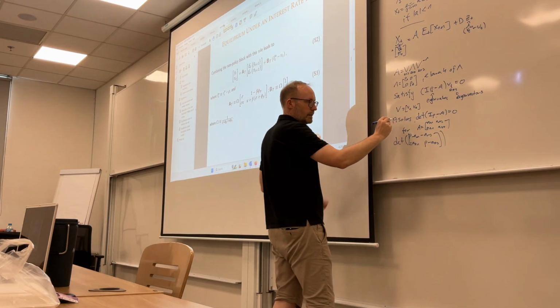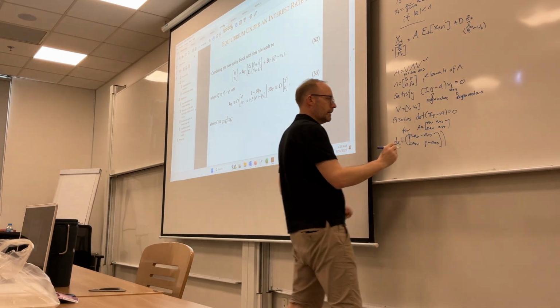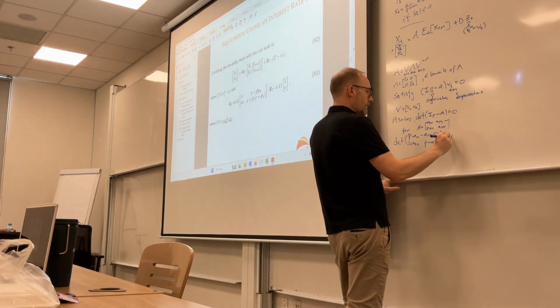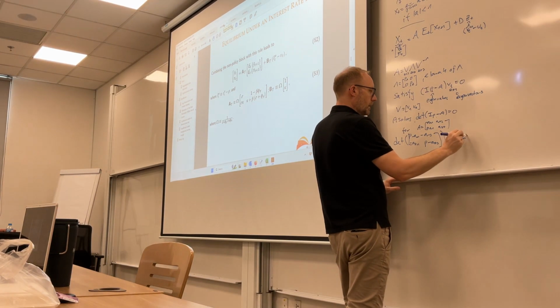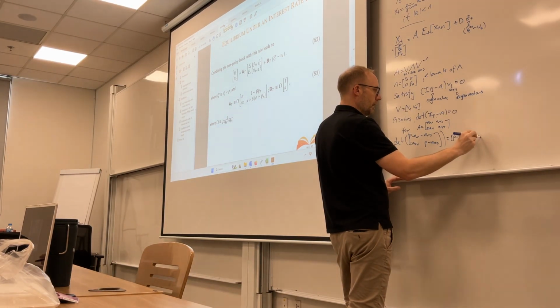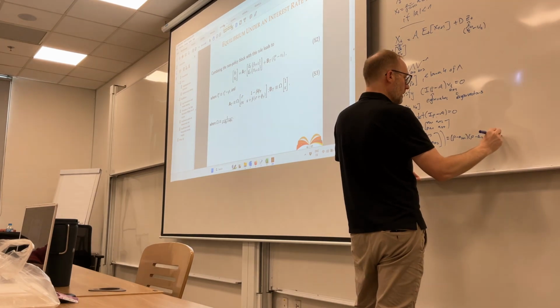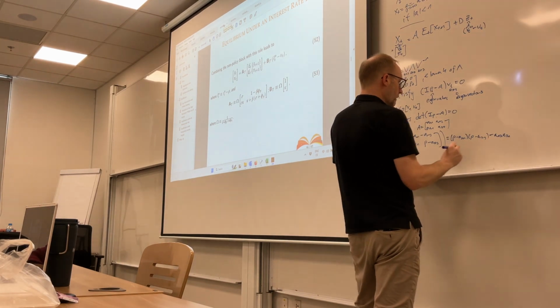And the determinant is the diagonal minus the cross diagonal, or the anti-diagonal. So this gives us rho minus A11 times rho minus A22, minus A12 times A21.